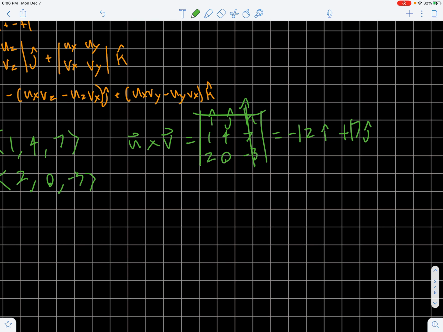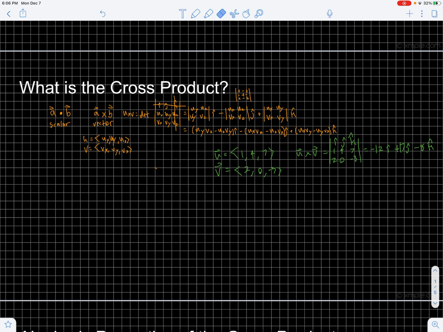And then 1 times 0 is just 0, minus 8 k hat. Beautiful. It looks really gross, but at the end of the day it really isn't that hard, and you get pretty good at it as you go along.